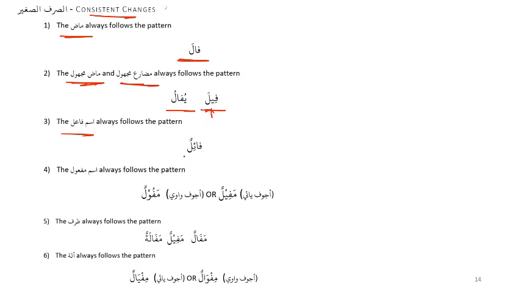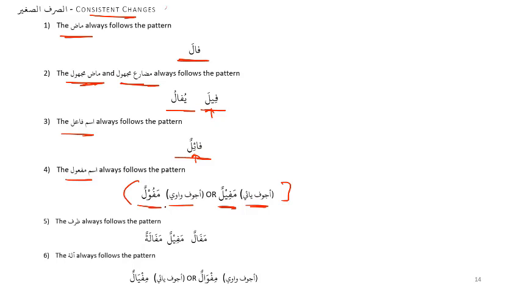Ism fa'il is always in this form, fa'ilun. So the middle letter gets replaced by a hamza with a kasra. Ism maf'ul becomes mafilun if we have ajwaf yai, and mafulun if we have ajwaf wawi. So this is one of the few cases where we unfortunately need to know whether this is an ajwaf yai or an ajwaf wawi, and with experience we will learn that.